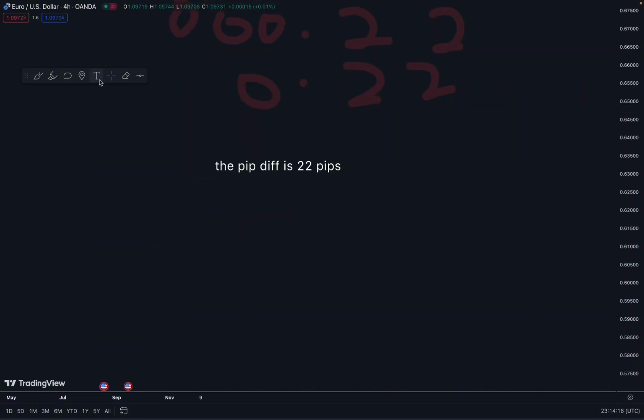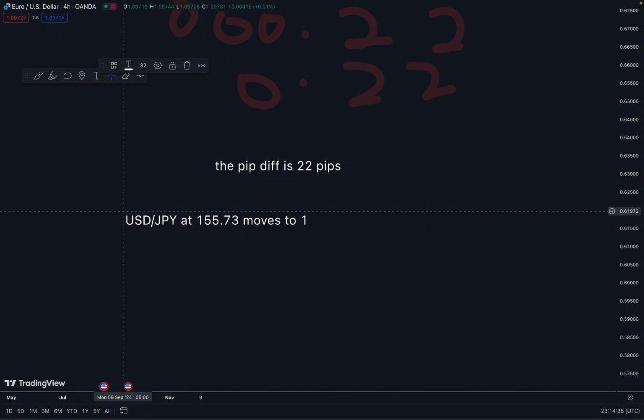So let's take another example. Let's say the price of USDJPY at 155.73 moves to 159.63.